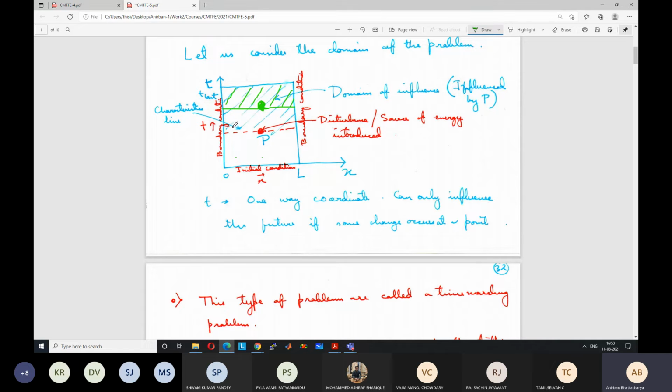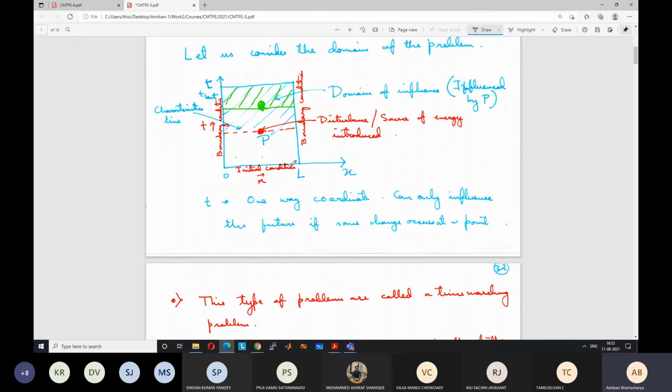So it seems like there is a line which demarcates the change in behavior. Ahead of this line, we can influence the solution. Below this line, we cannot influence the solution. This line is known as the characteristic line. So we can only influence the solution ahead of the characteristic line in this case.